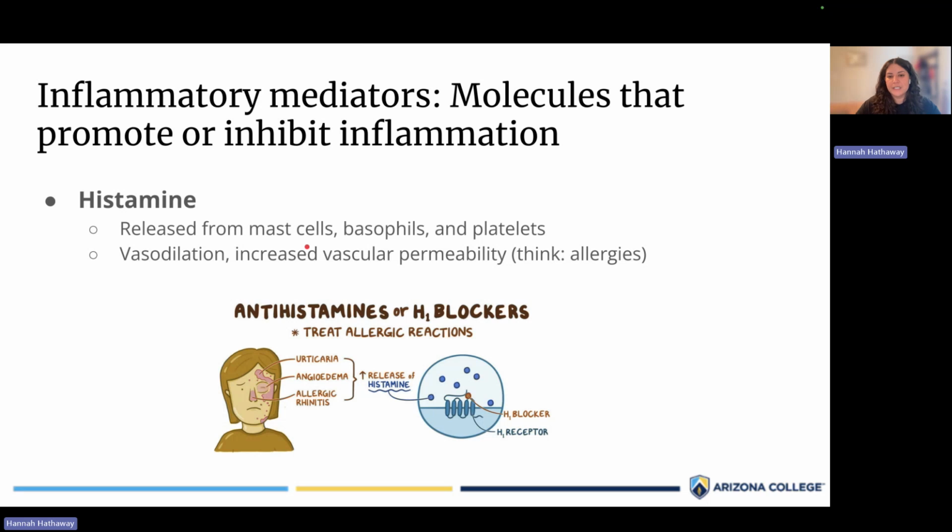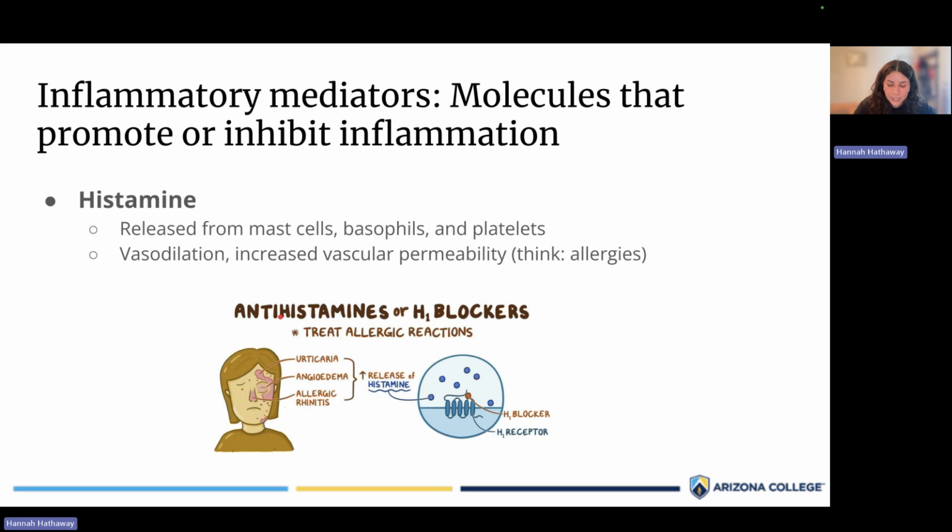They're involved in that increased vascular permeability, so they cause vasodilation. Because of that, histamine essentially causes all of the symptoms that you associate with allergies. So like a runny nose, hives, itchiness, all of those things are caused by histamines. And that is why you treat allergic reactions with antihistamines.